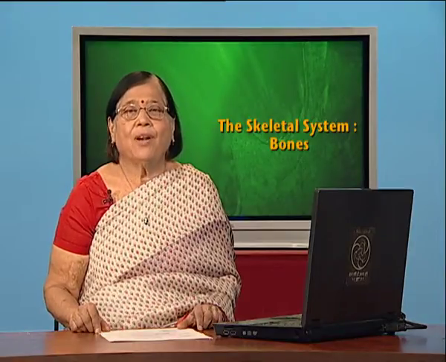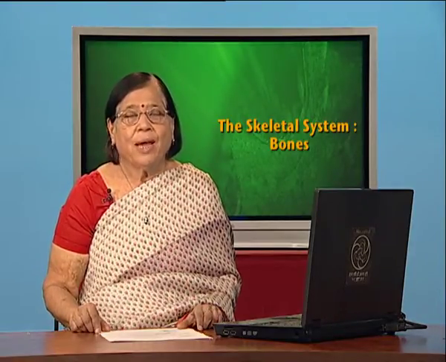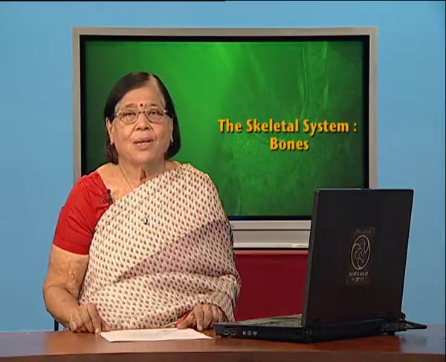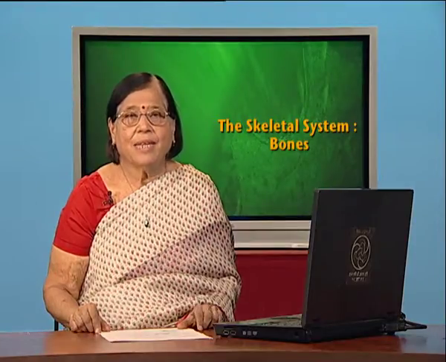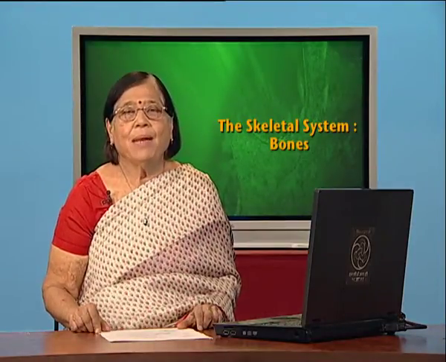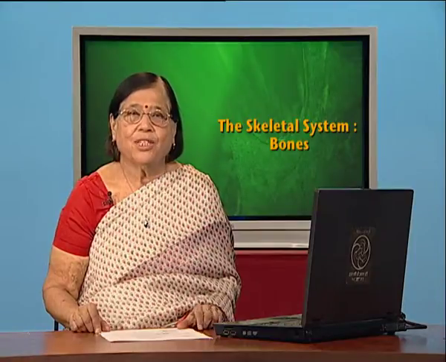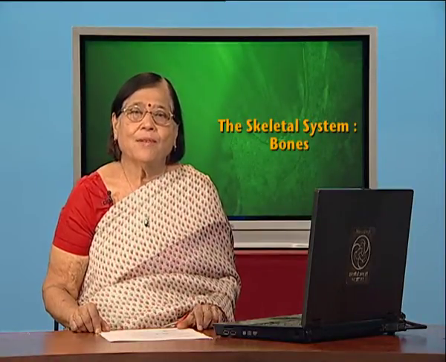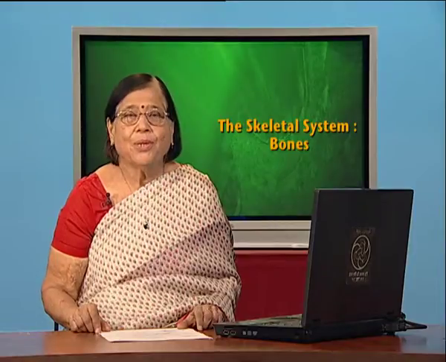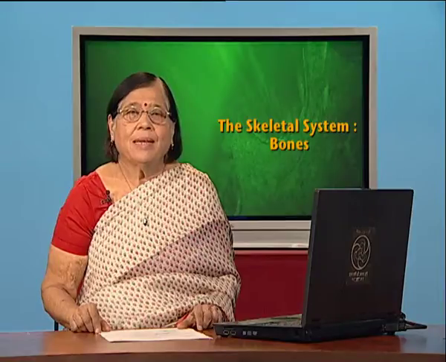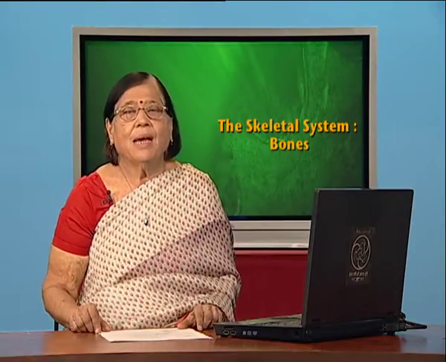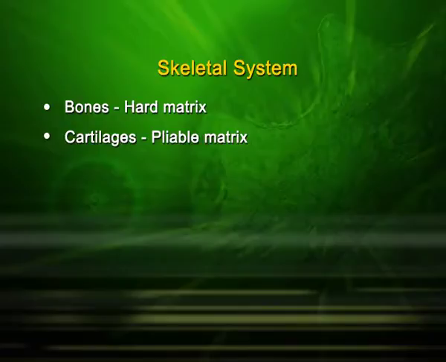To have strong bones we must have a good amount of calcium in the body, which we have to take in our diet, and we know that milk and milk products are sources of calcium, and that is why it is important for growing children like you to have milk regularly. So, bone has a hard matrix compared to cartilage, which has a pliable matrix because it has chondrocytes.